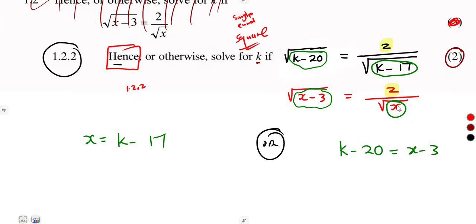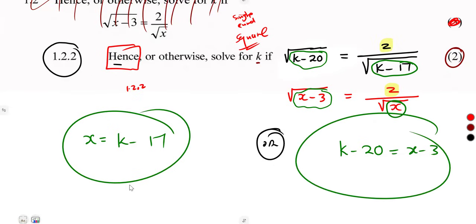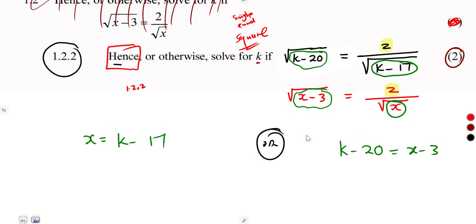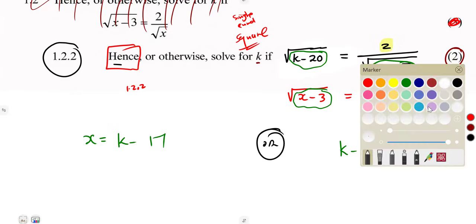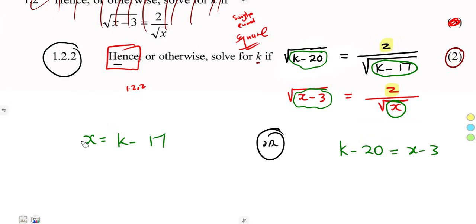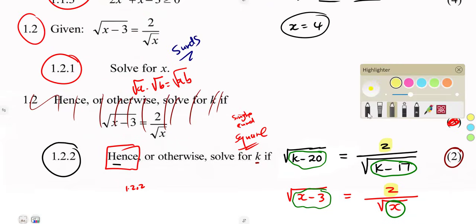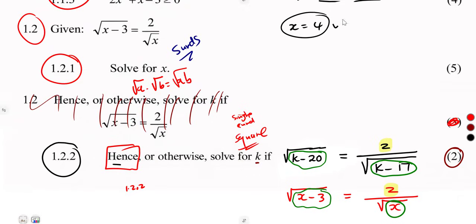So equate those. So what is the advantage, or what is the use of equating this? The advantage is that we have already calculated the value of x. We have already the value of x. Remember, for those solutions, we said x can only be equal to 4.